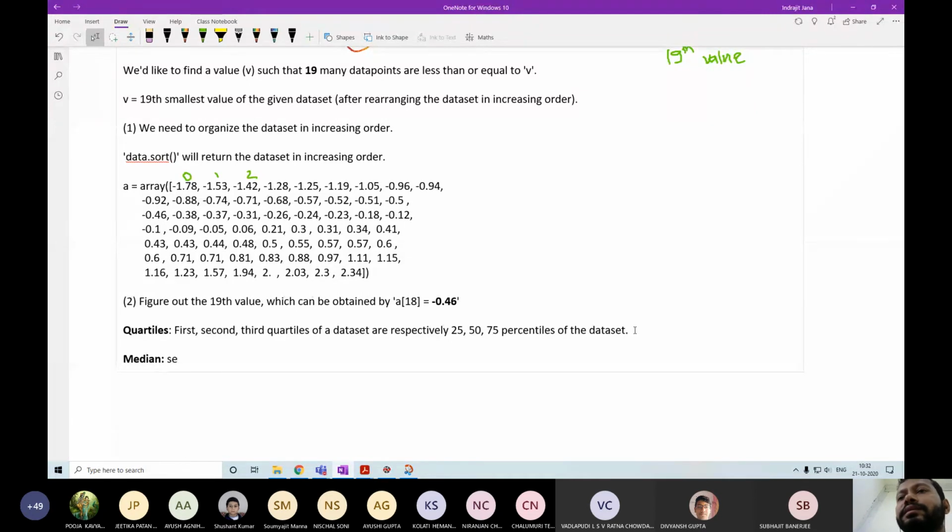So the second quartile is the median. So median is essentially the value where half of the data points are below that value and half of the data points are above that value.